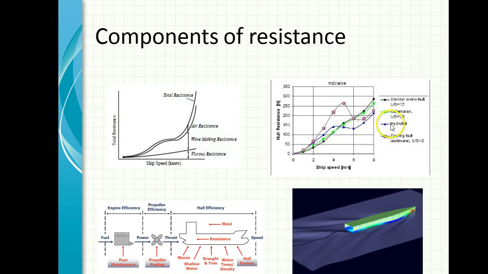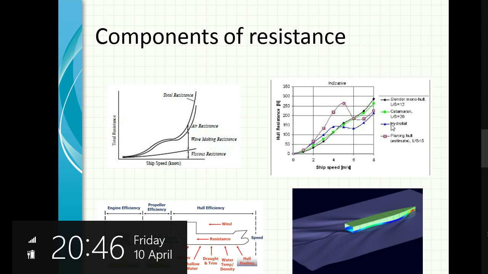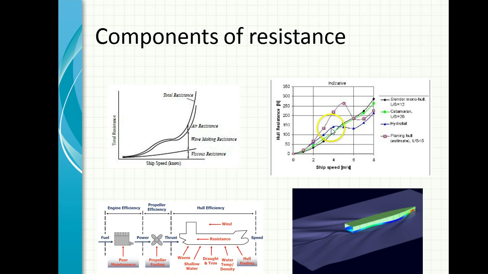Or you take the case of a hydrofoil. The hydrofoil, which is this blue line here, up to a certain level of speed, there is some level of resistance. After that, the hydrofoil works and the vessel comes out of the water, and then actually the power comes down for the higher speeds. So depending on the ship's form, resistance components can change.